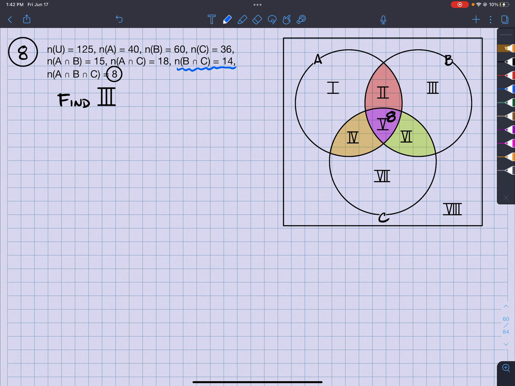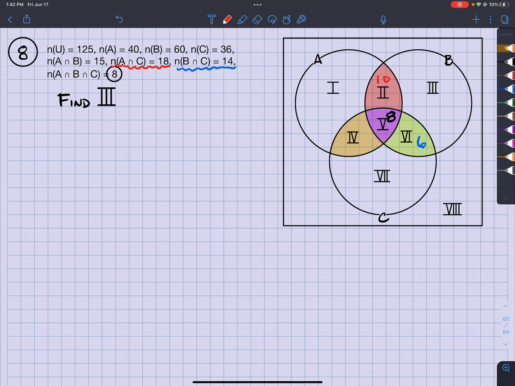Which is the region 5 and 6 is 14. Since that's 8, this must be 6. All right. Then I can go A and A intersects C. Well, A intersects C is the region 2 and 5. And since that's 18 and that's 8, then this must be 10.